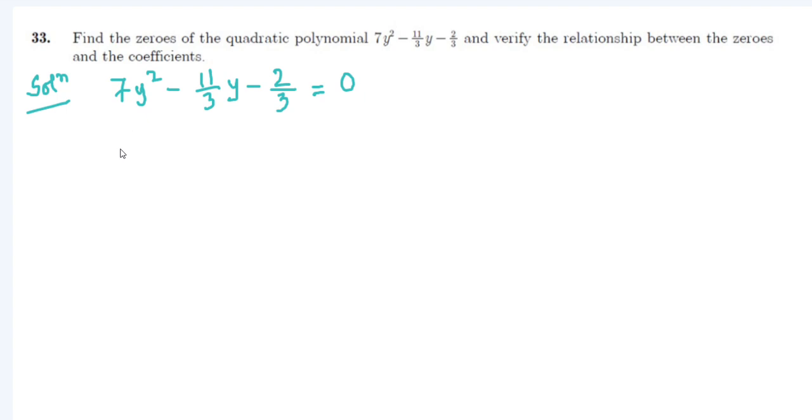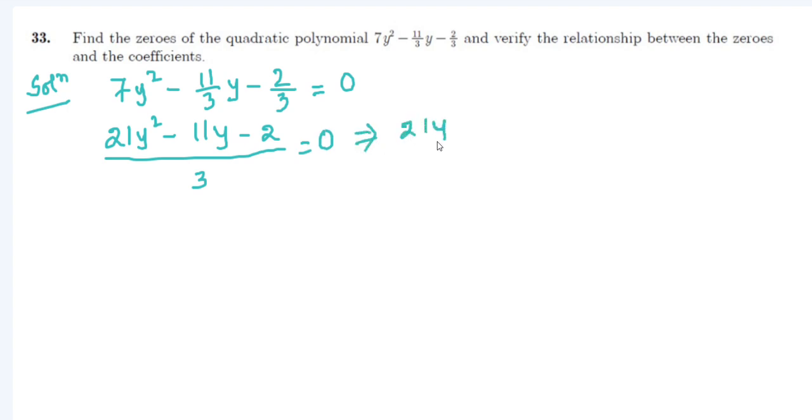Now let us simplify this. If we take the LCM, it becomes 21y square minus 11y minus 2 by 3 equal to 0. In turn, we can write 21y square minus 11y minus 2 equal to 0. Now let us do the factorization.